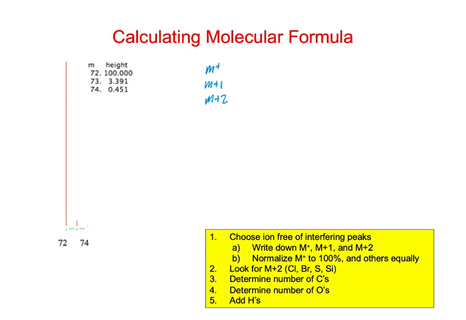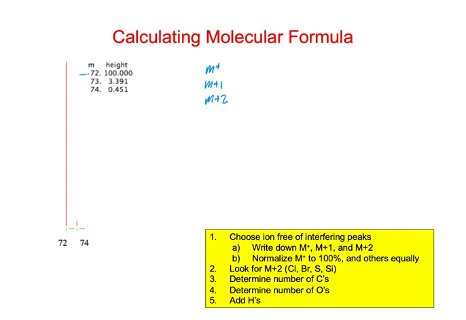And then we're going to write down the isotopic abundances next. These M plus are just the ions. So the M is the one we're looking at. Here it's at 72. M plus 1 would be 73. M plus 2 would be 74.